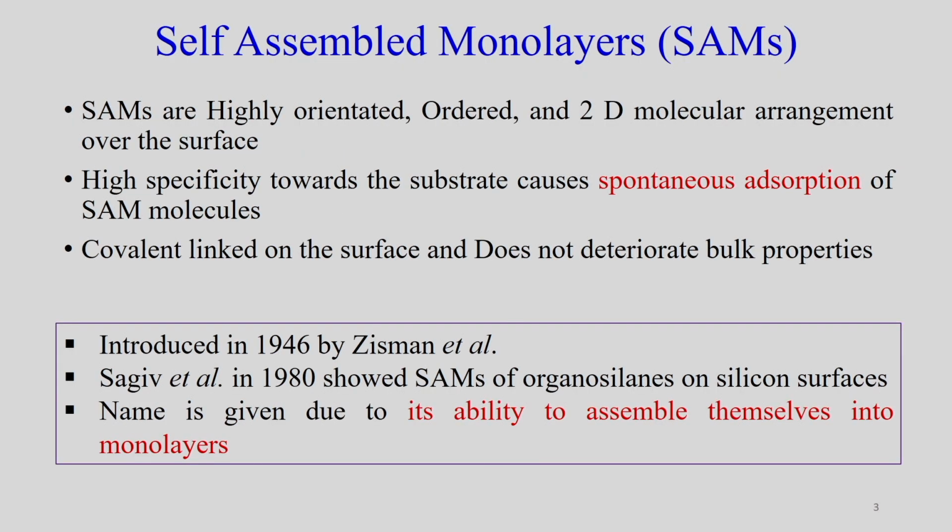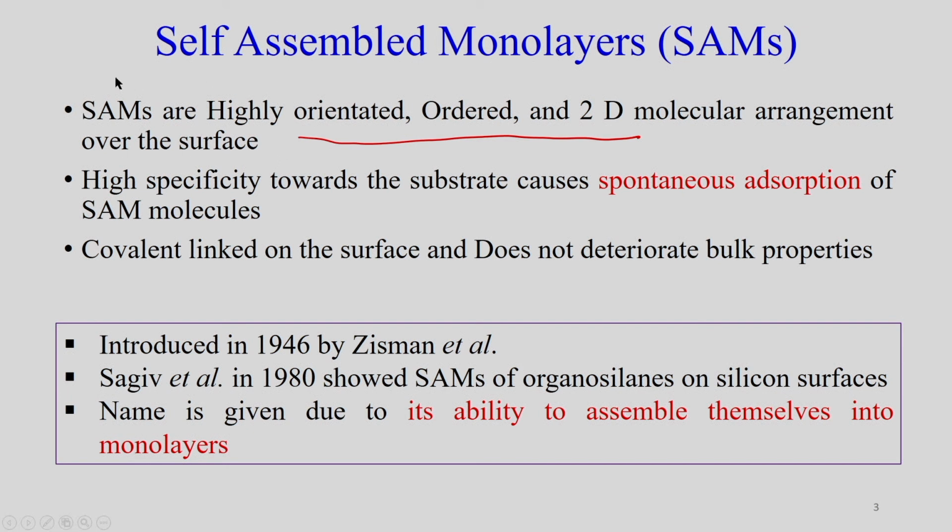As the name suggests, self assembled monolayers are a highly oriented and ordered 2D molecular arrangement over a surface.